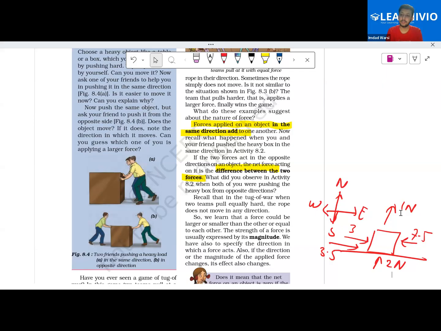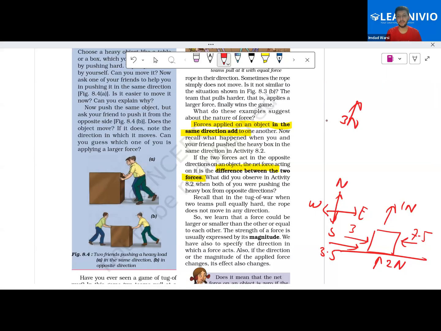No, 3 Newton will move up, 3 Newton up and 1.5 will move to the... Really, 1.5? Oh, one.